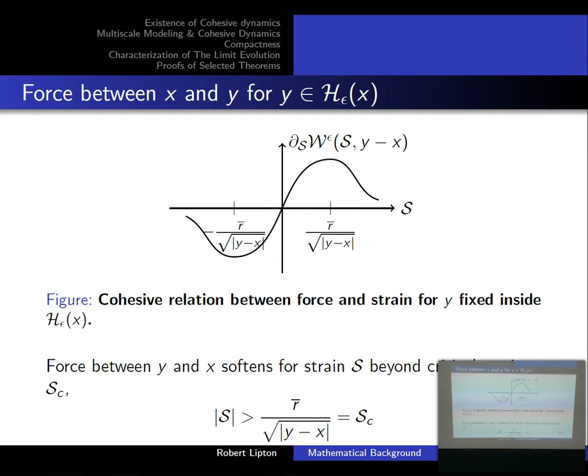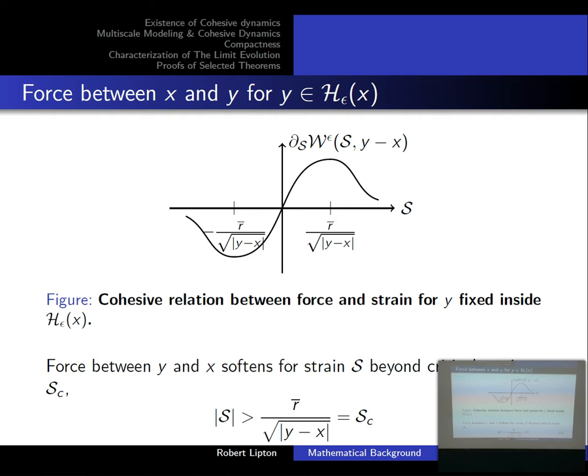Okay. Again, the force between this base point x and y, for any point in the interaction zone, is given for a fixed y by this curve. And r is a fixed value here, and this was the inflection point of the potential.